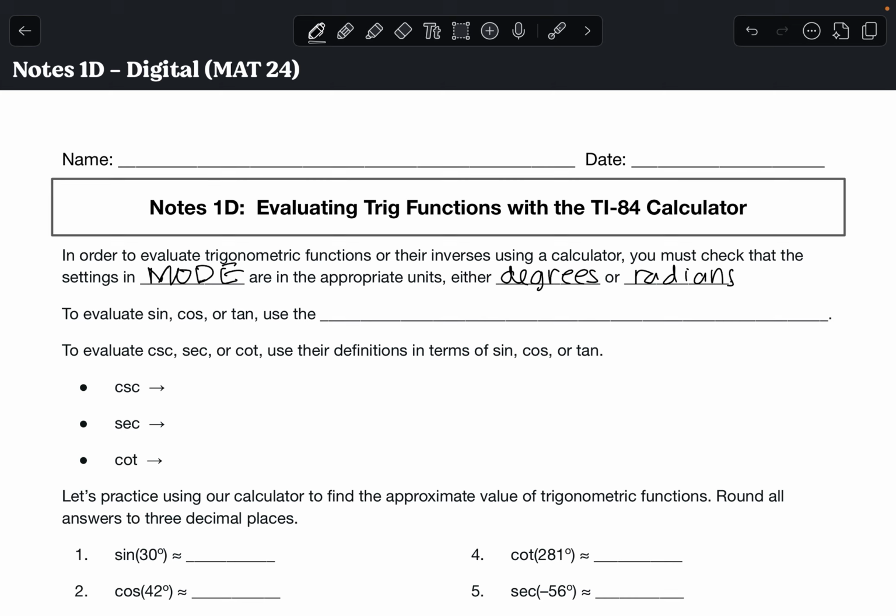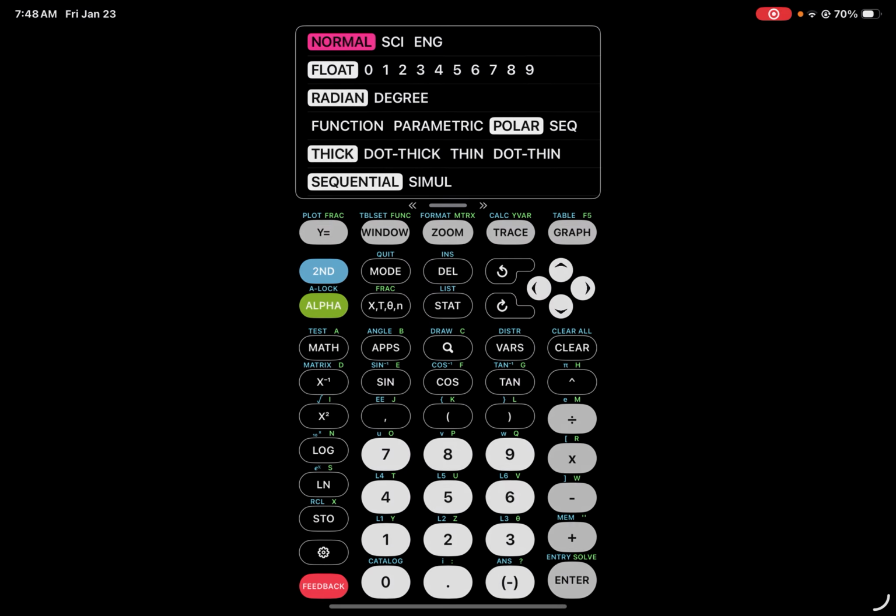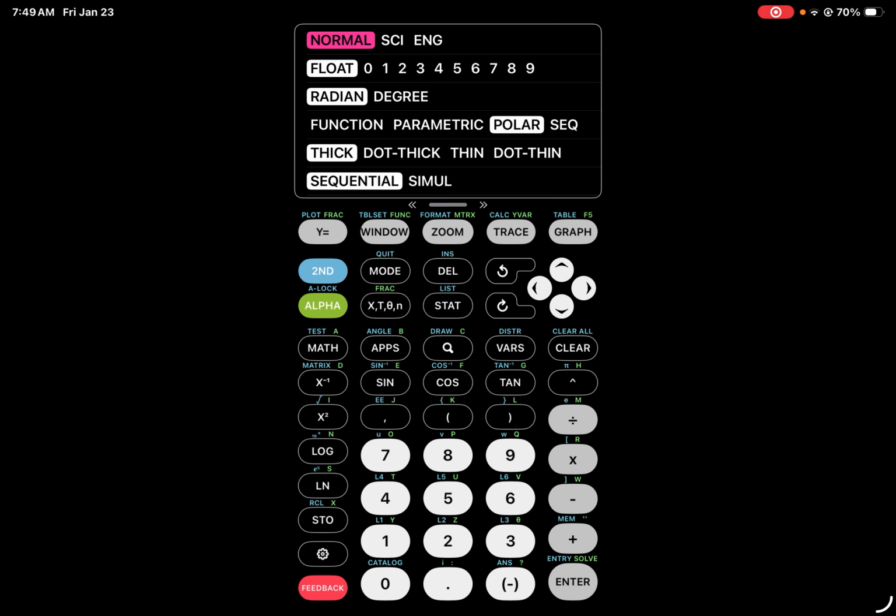To evaluate sine, cos, or tan, just use the sine, cos, or tan button. We can go back to our calculator and see that there are sin, cos, and tan right here.